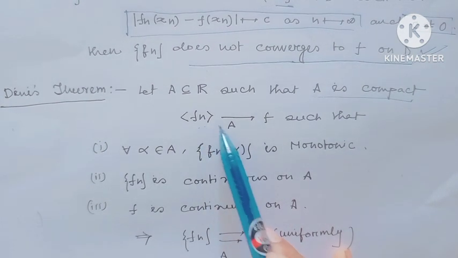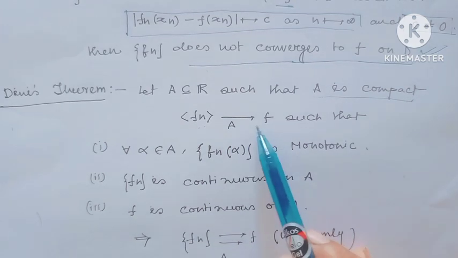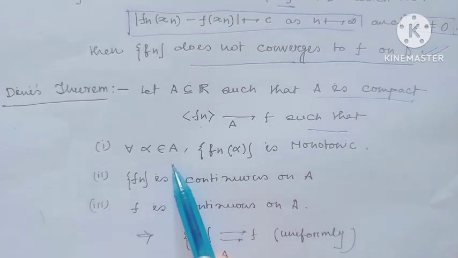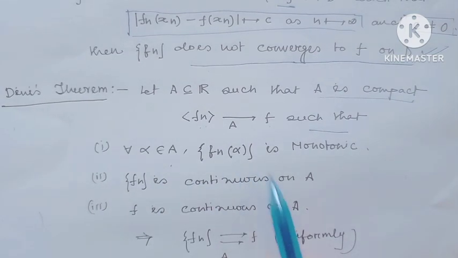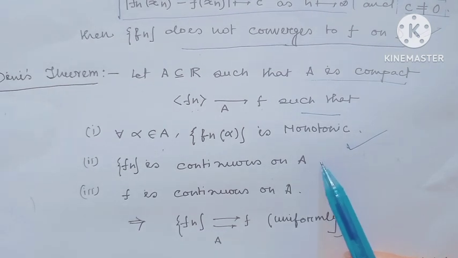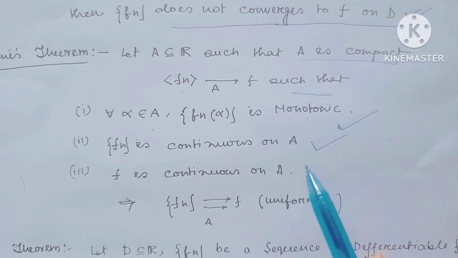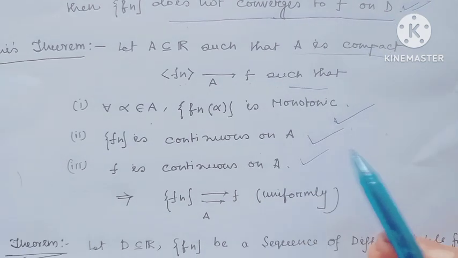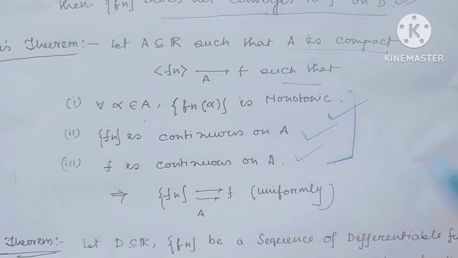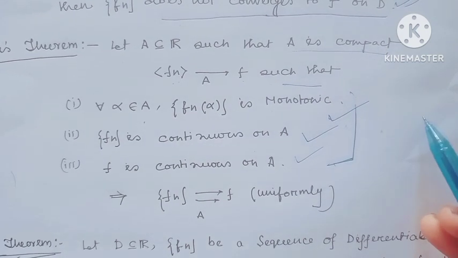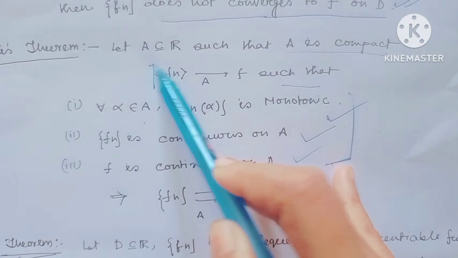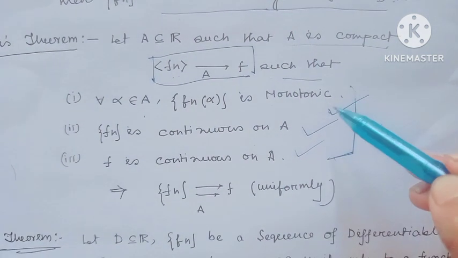If the sequence Fn converges to F such that for all alpha belongs to A, the sequence Fn alpha is monotonic, and Fn is continuous on the set A, and F is continuous on the set A, if these three conditions hold, then by Dini's theorem we can tell Fn converges to F uniformly.